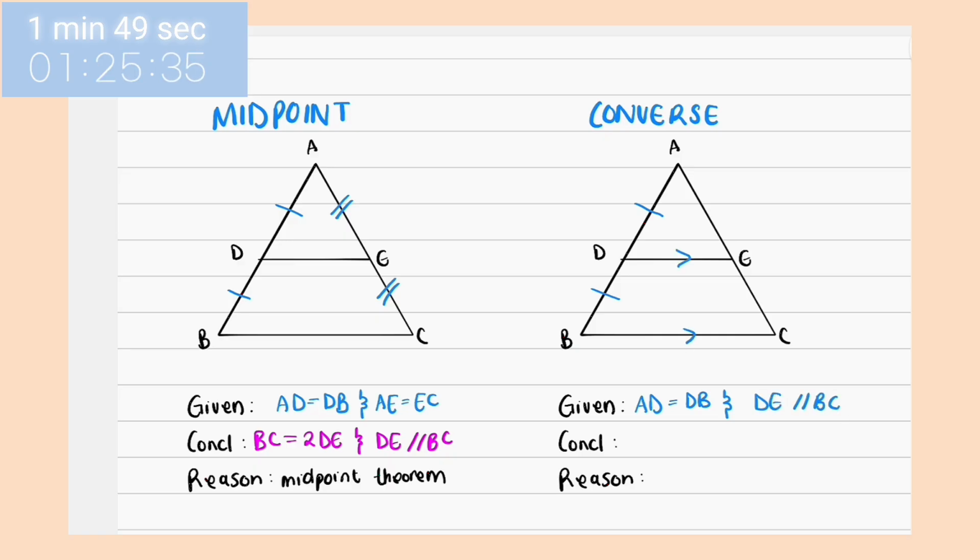Okay, now from this, what would you conclude? Your conclusion would be, okay, if you give me this, then it means that AE is actually equal to EC and BC is twice the size of DE. That would be your conclusion. And so because of this, your reason would be the converse of the midpoint theorem. Okay, so that is the difference between the midpoint theorem and its converse.